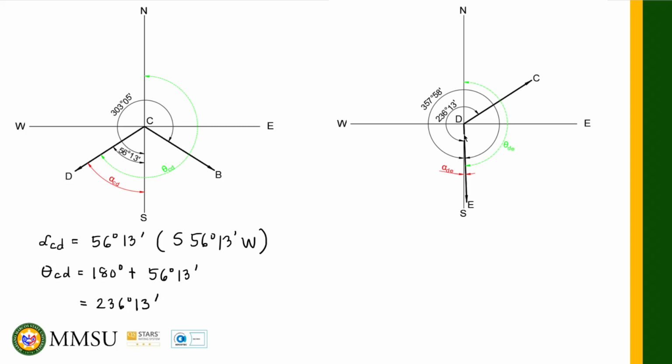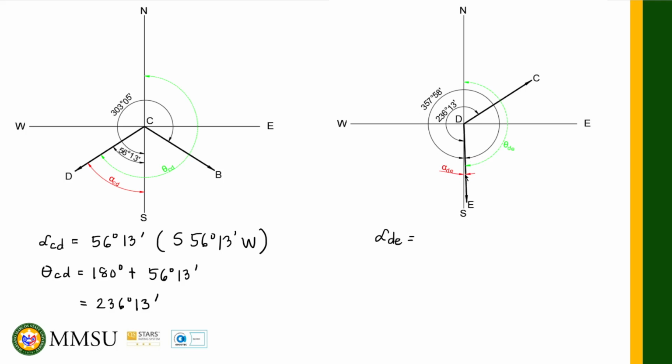Let's go to point D or station D, and we are going to solve for the bearing and azimuth of line DE. Line DE is here, so we have alpha DE, the small angle right here, and this azimuth theta DE. So alpha DE, as you can see, the given azimuth here is 357 degrees 58 minutes. It's almost a full circle here. We know that the full circle is 360 degrees, right?